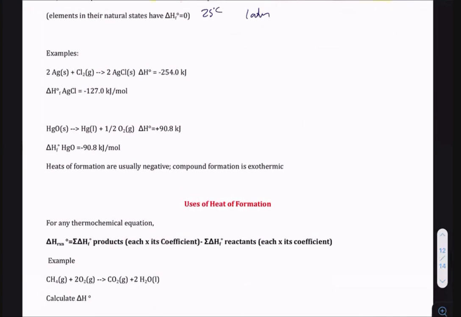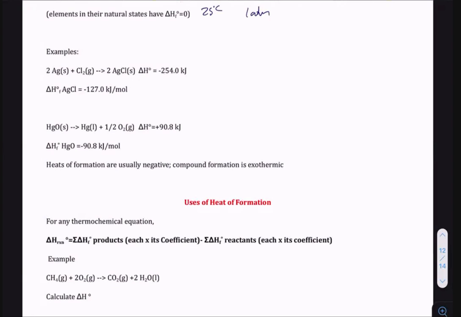Okay. So this here, this is a heat of formation reaction. Notice that there's negative 254 kilojoules for every 2 moles. That's why on your chart it is listed as negative 127, because it's on a per mole basis. So this was divided by 2.